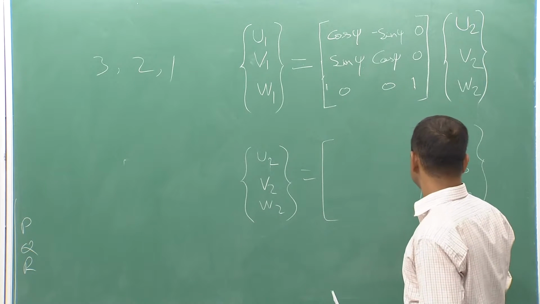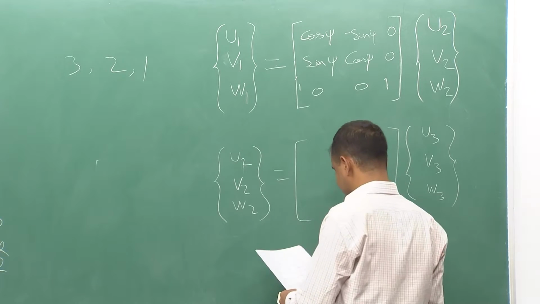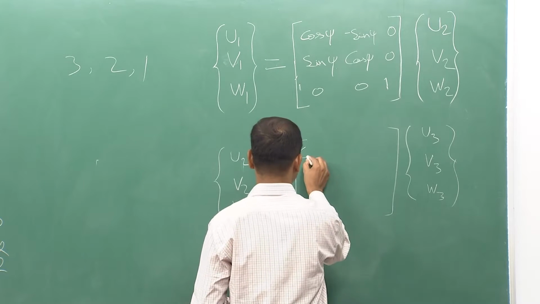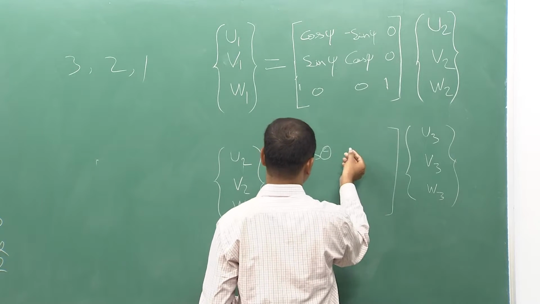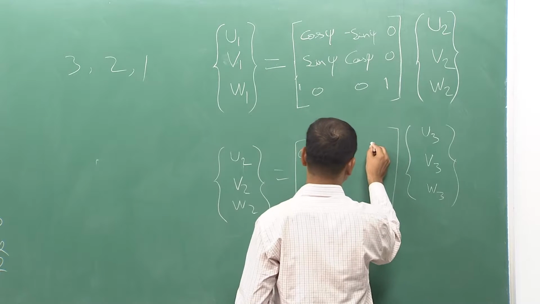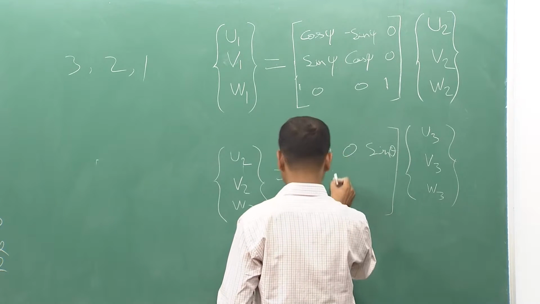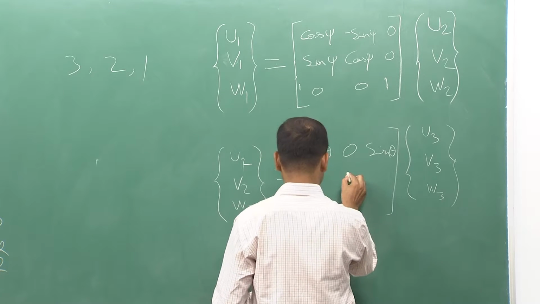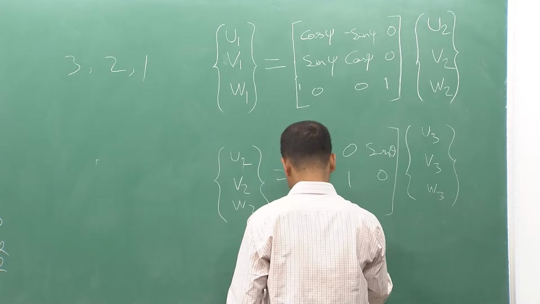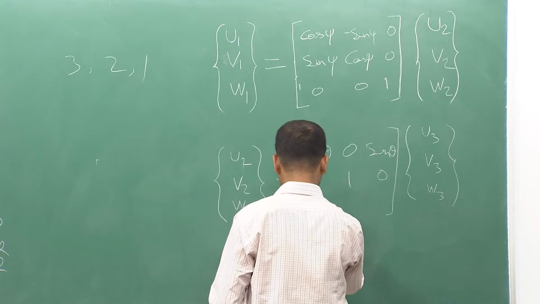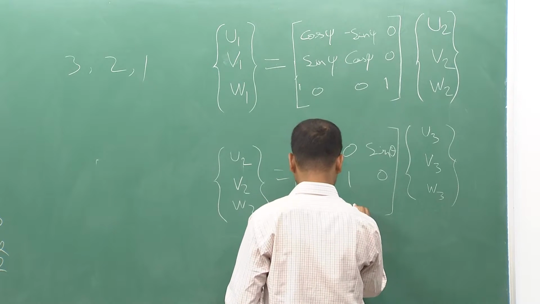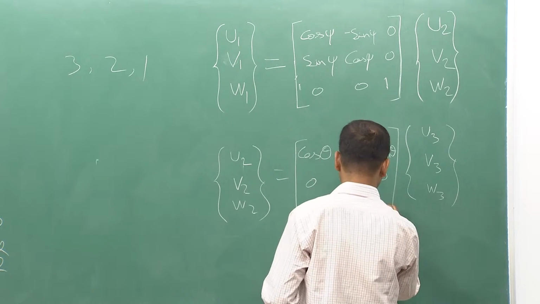This is in the second intermediate frame, and for this we get the matrix. This we get due to the theta rotation: cos theta, 0, sin theta; 0, 1, 0; and minus sin theta, 0 and cos theta.